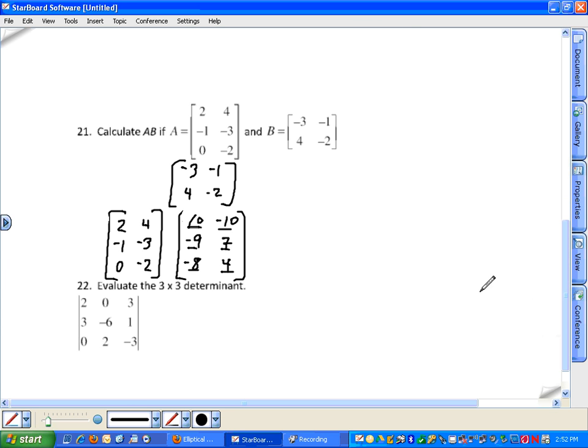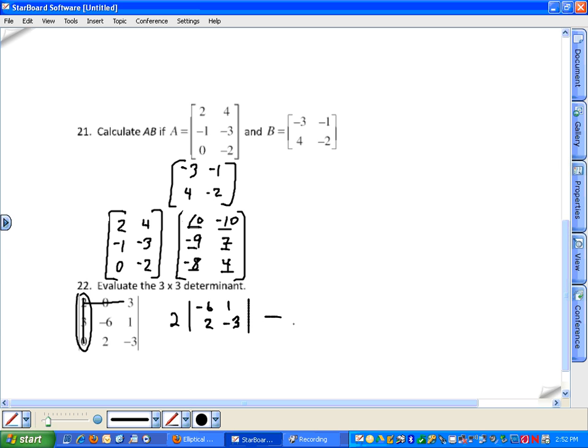Evaluate a 3 by 3 determinant. I notice that this column includes a 0 right here. So I'm going to expand along this column using the cofactors and the minors. And if we choose 2 as a cofactor and cross out the row and column containing that 2, the minor that's left over is this 2 by 2 determinant, -6, 1, 2, -3.